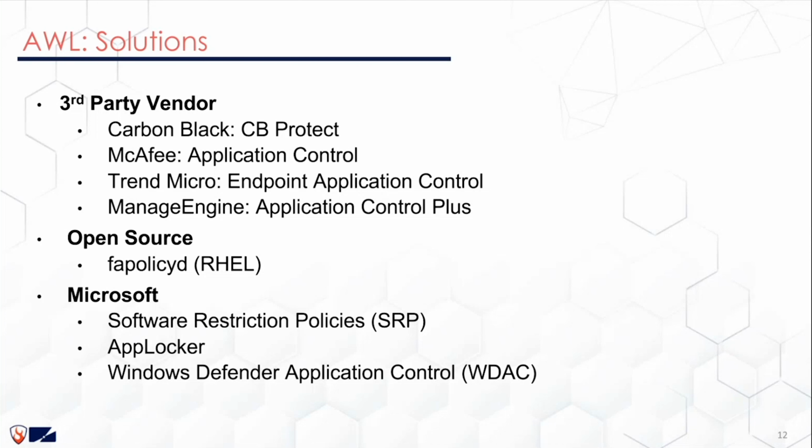I would say if you're new to application whitelisting or if you haven't implemented it prior, AppLocker is probably the best solution to start with. It's easier to manage. There's a nice GUI component in group policy that allows you to create and deploy those policies. And AppLocker will be the primary subject of our webinar today when we get into our demos.